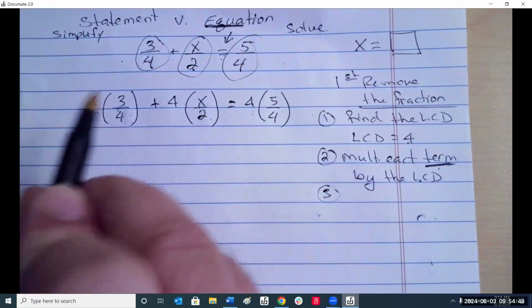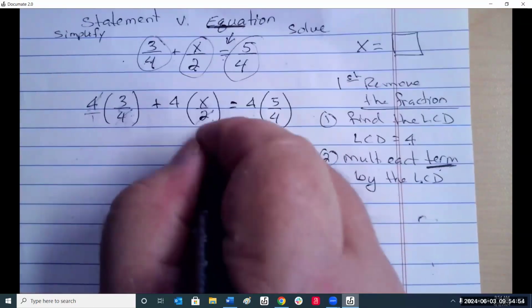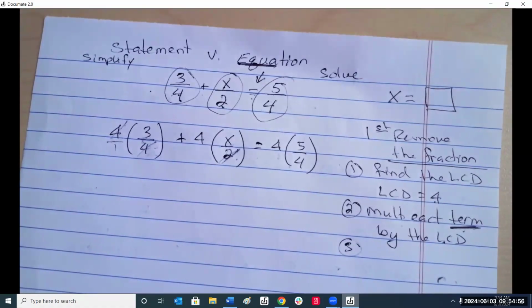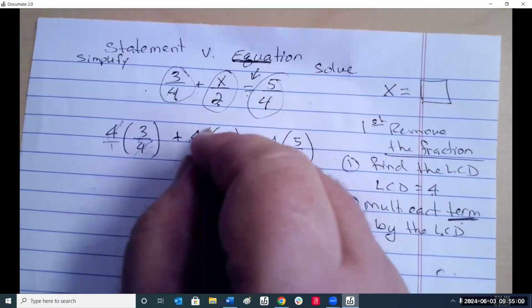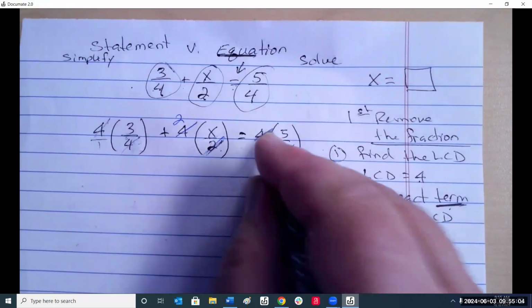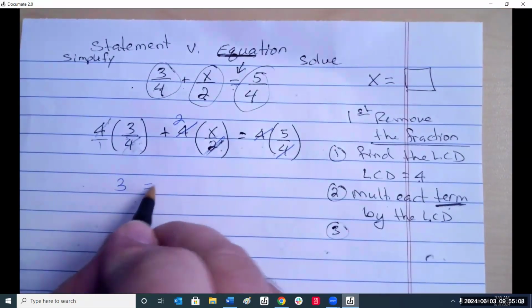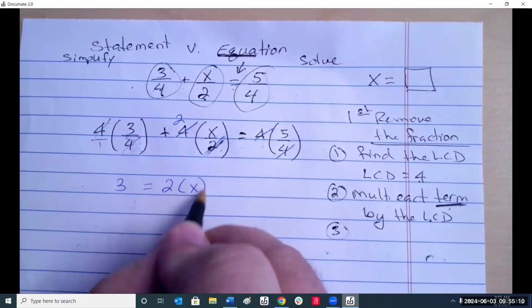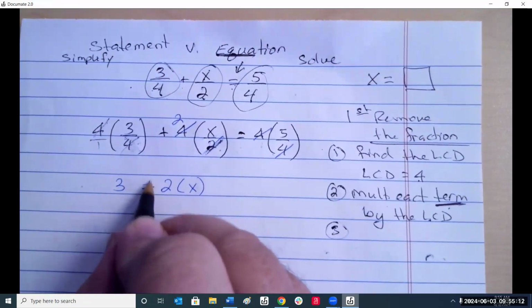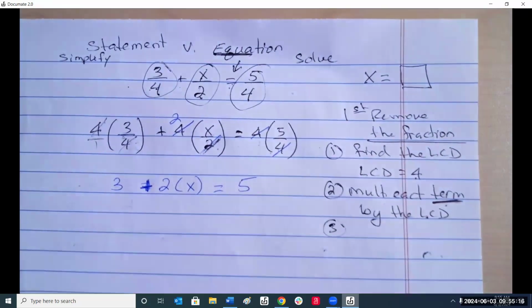Yeah, the fours cancel. The 2 goes into 4 how many times? Twice. And the 4 cancels. So what we have here is just 3, plus 2 times x. Oops, this is a plus. And the 4s cancel.